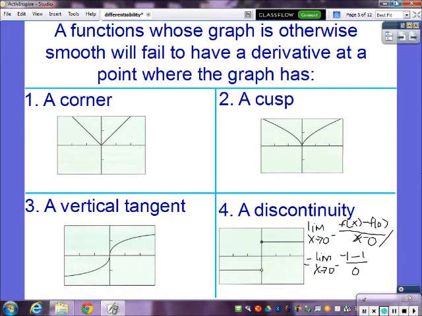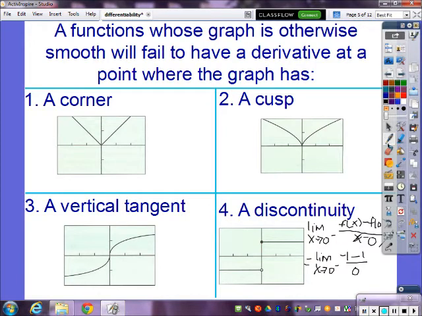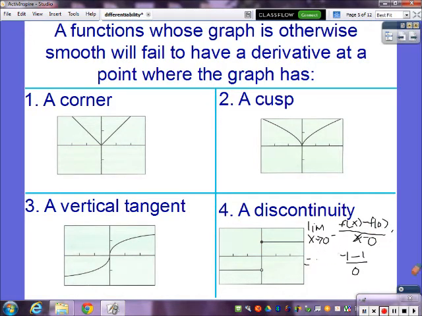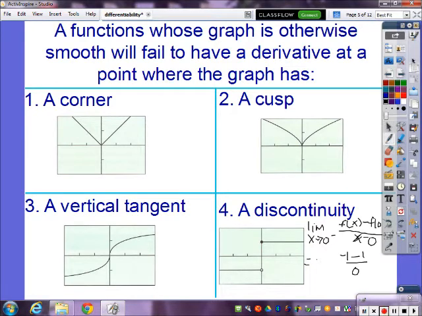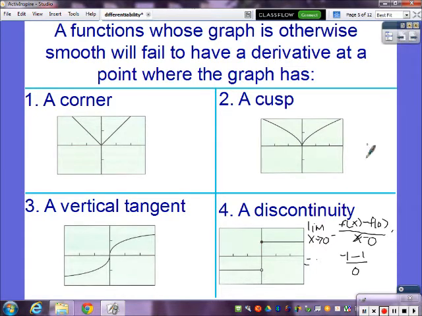And I just realized that when you plug in values, you don't use the limit notation, so let me clean that up. Alright, and so what I'm looking at here is a constant over 0, which, when we get that situation with limits, indicates the limit does not exist. So in this case, a discontinuity would put us in a position where we have a non-existent limit.